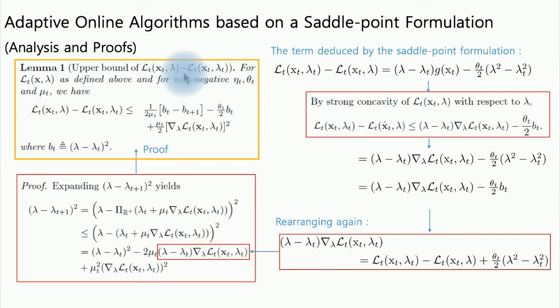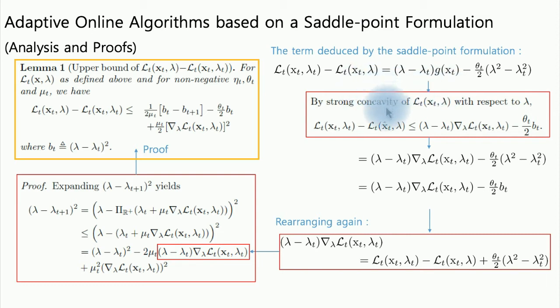We first introduce a series of lemmas to prove theorem 1. We begin by upper bounding the variation of Lt of xt and lambda minus Lt of xt and lambda t with respect to its two arguments. The variation is deduced from the saddle point formulation like this.